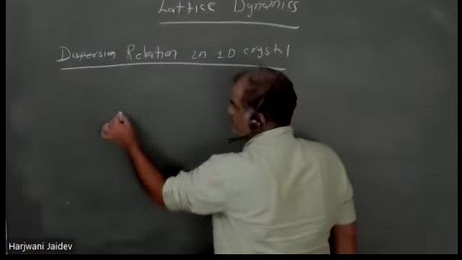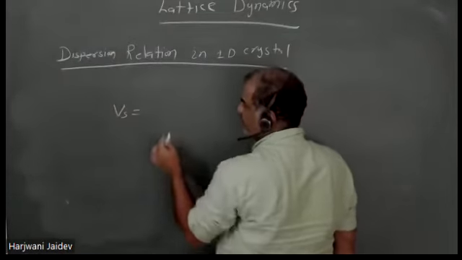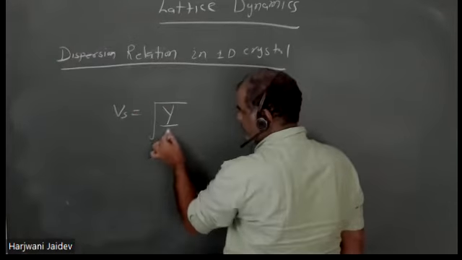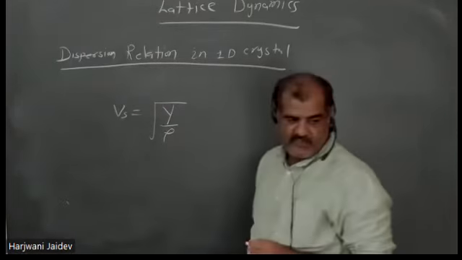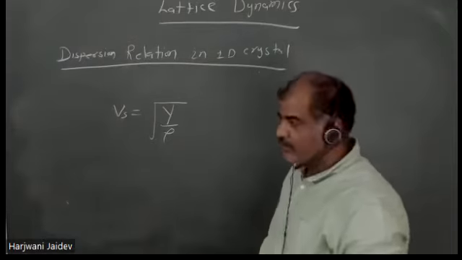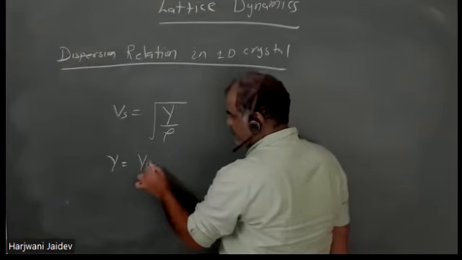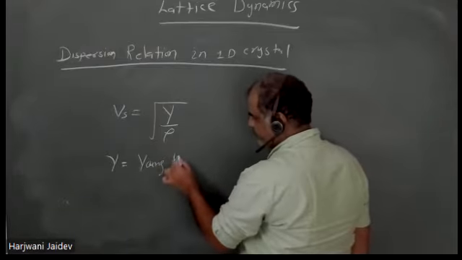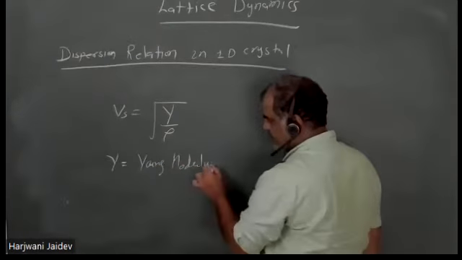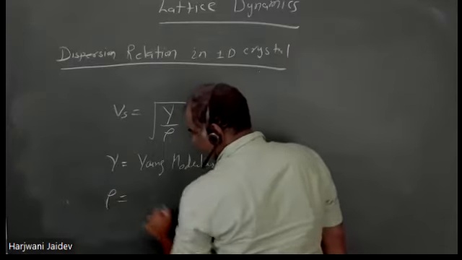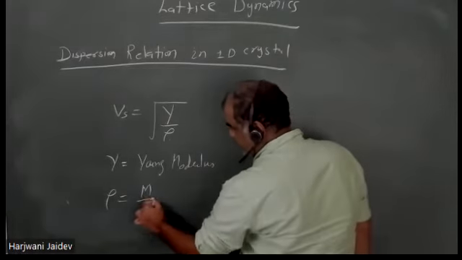Now I know the velocity of sound in a solid is given by root of Y by rho, where Y is the Young modulus of the material, and rho is the density, say m by a cube.